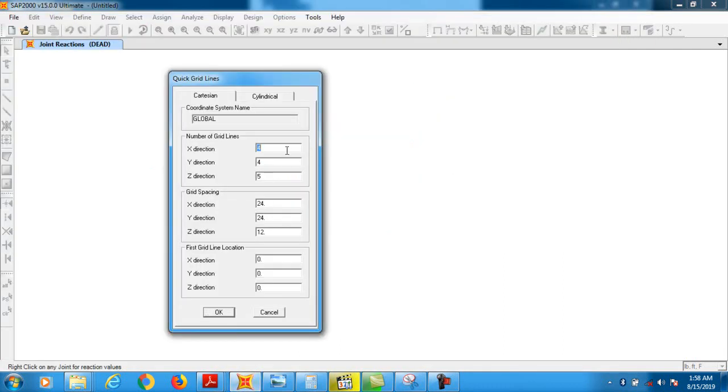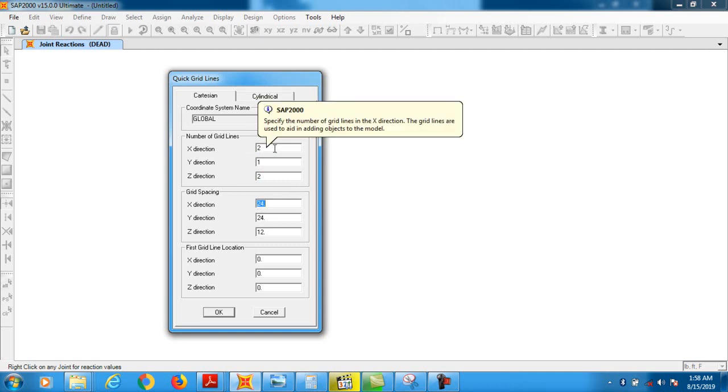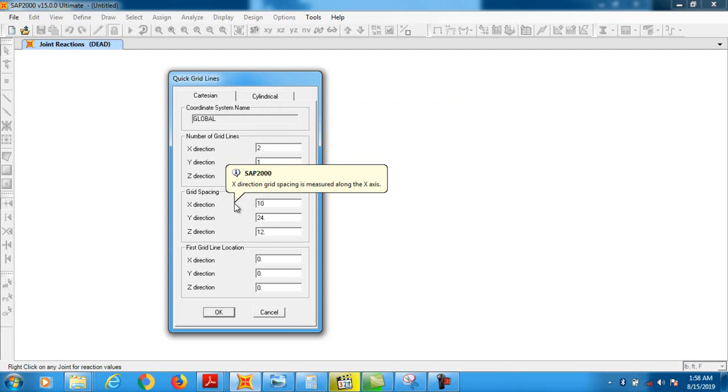In the X direction you have 2 grids. In the Y direction assume it is 1. We don't need this. In the Z direction you have 2 grid lines. The distance in the X grids is 10 feet. The Y is assumed, let's say 1; we don't need it.